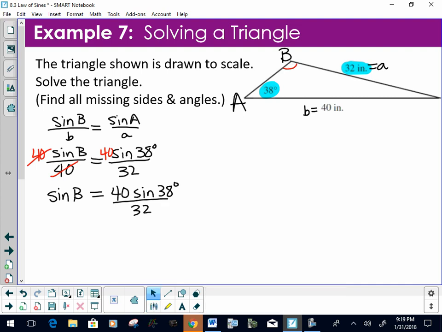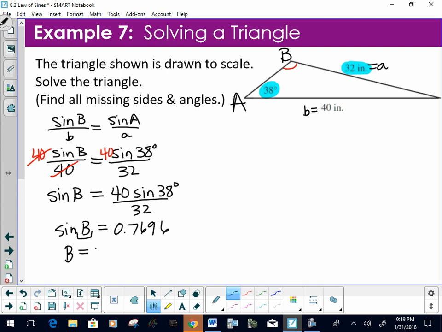So if you calculate that, we get that the sine of B is equal to 0.7696. And again, if you're finding an angle, that's when you use the inverse. B equals the inverse sine of 0.7696.